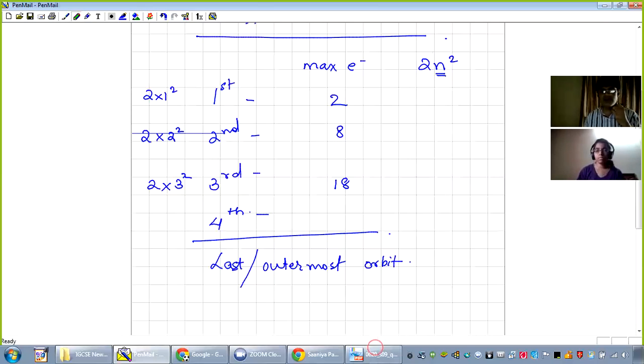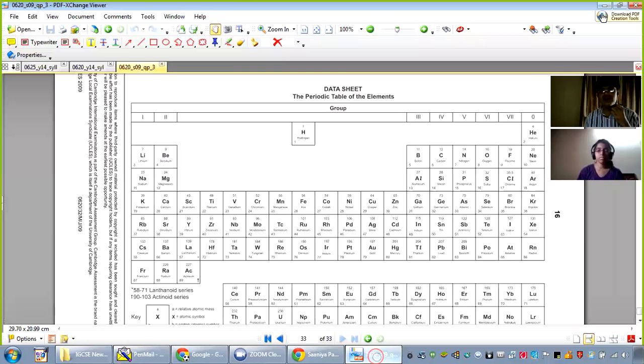We'll come to the electronic configurations when we consider the entire periodic table. The periodic table chapter is there, and we will work out the electronic configuration of all of these elements. Many of these elements' electronic configurations are asked even in past papers.